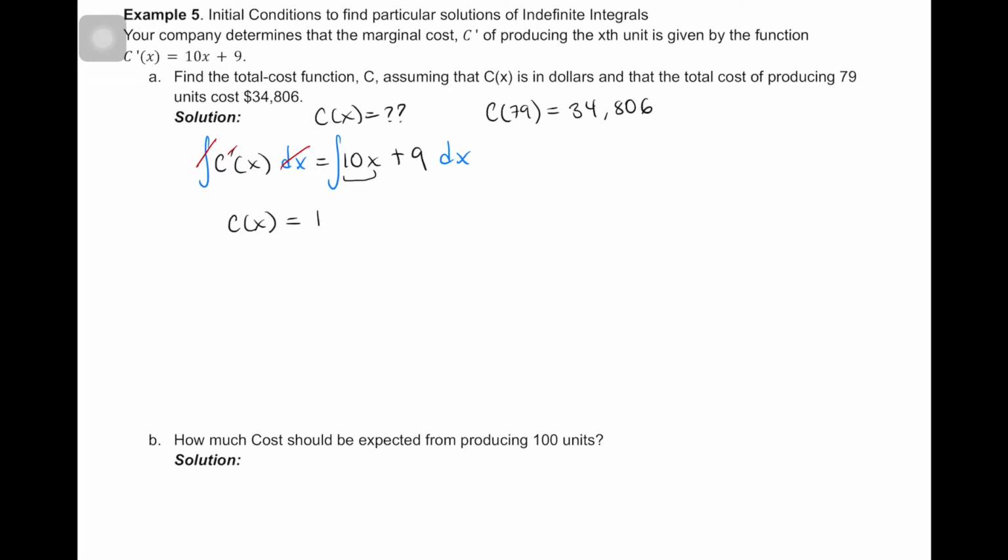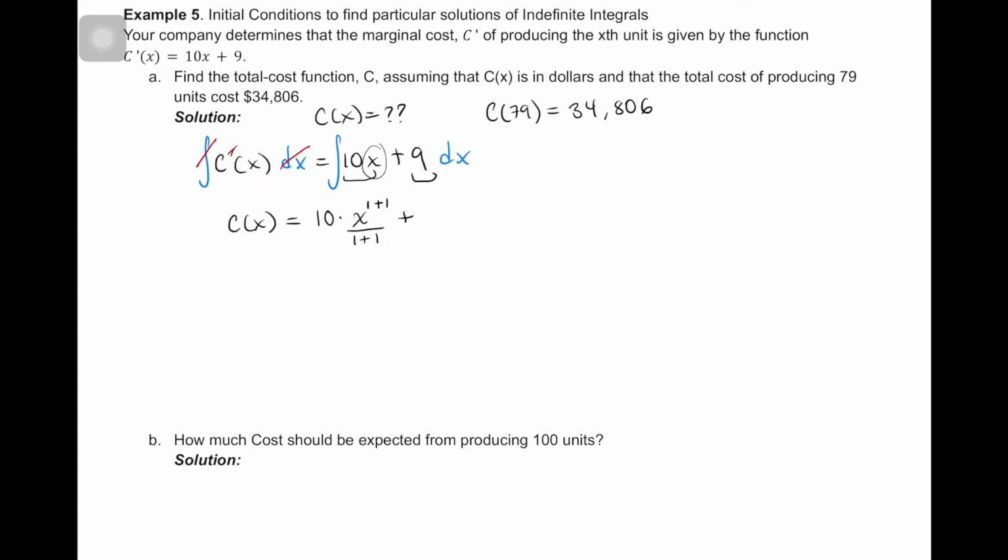That means you take the constant and then multiply by the antiderivative of the function. For x, we always have an imaginary 1. So for x to the 1, using the power rule, add 1 to the power and then divide by the new power, followed by the plus 9.